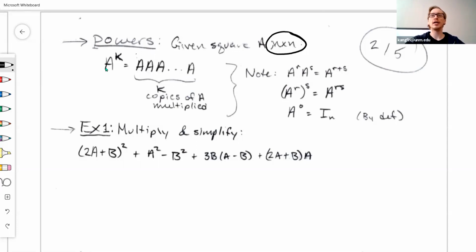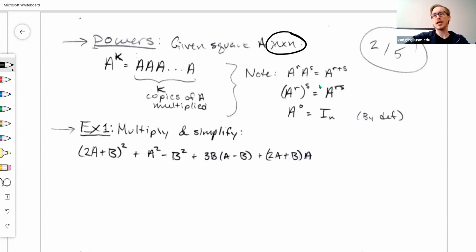So when we take k copies of a square matrix A and multiply them all together, as is pretty intuitive, we will call that A to the k power. You can note that some basic rules of exponents still do hold for matrix powers.